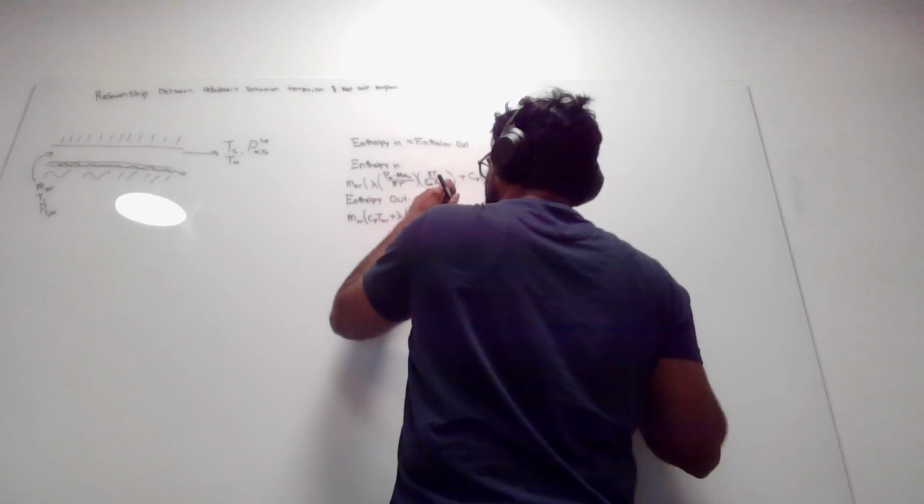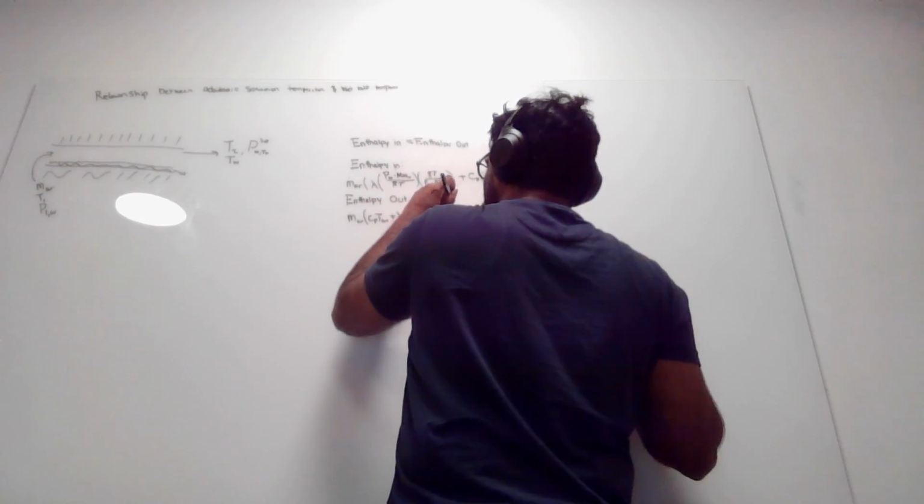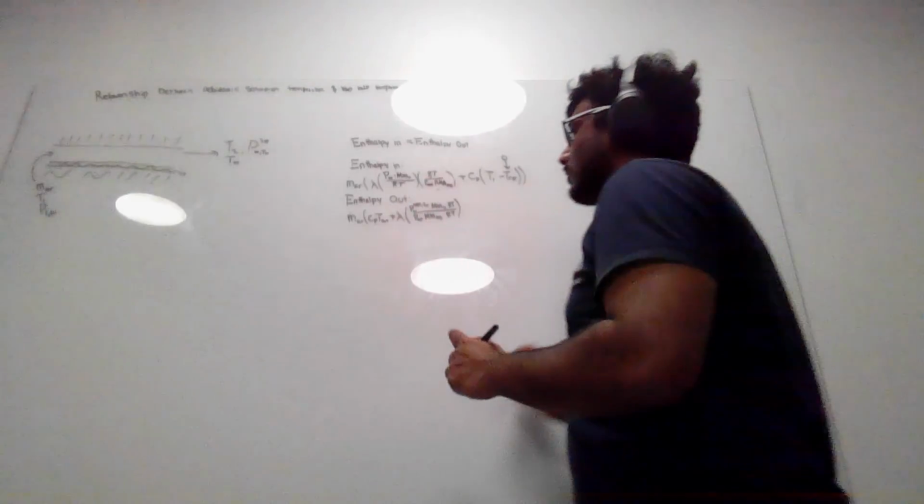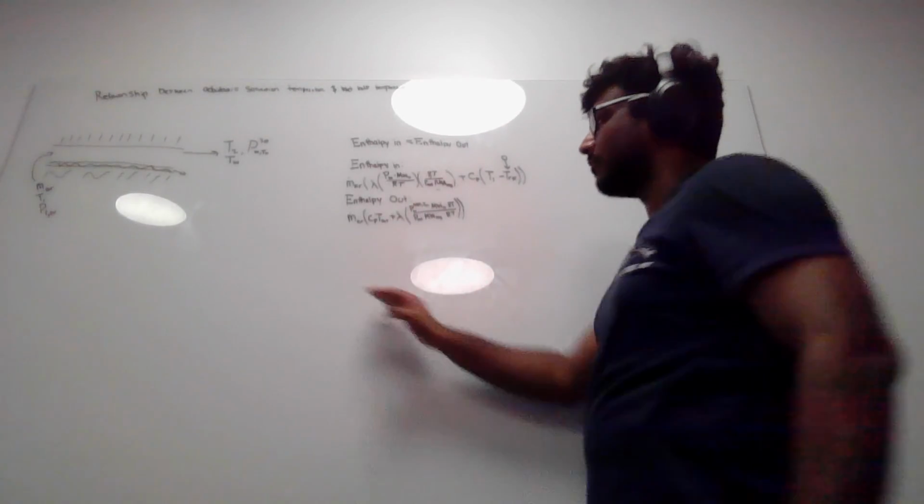And then we're going to be multiplying the RT at top and bottom. So this is going to be our enthalpy out equation.